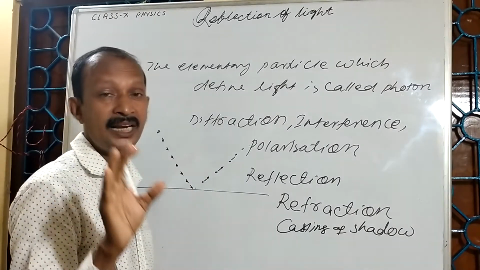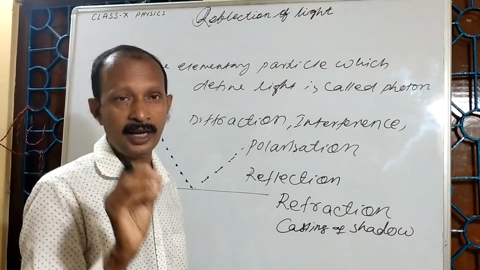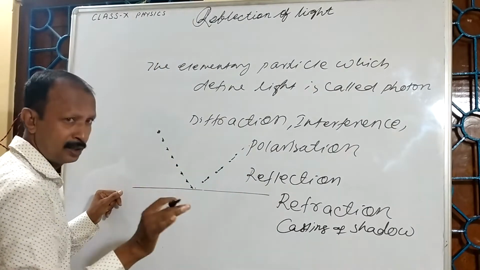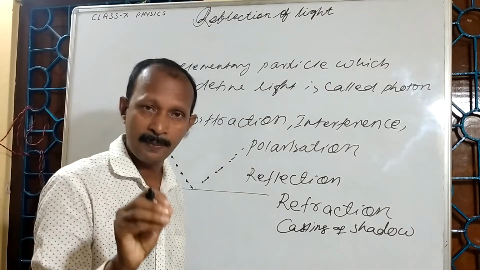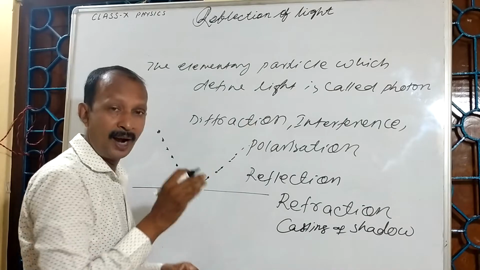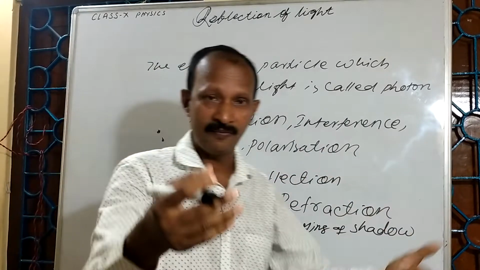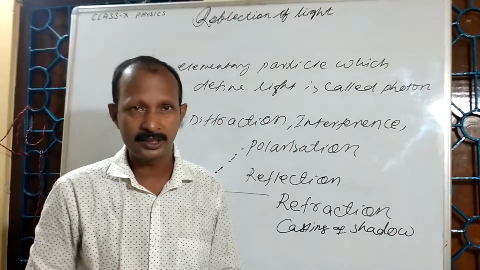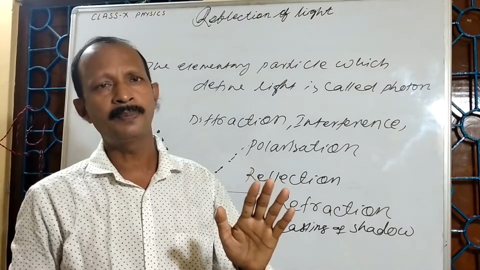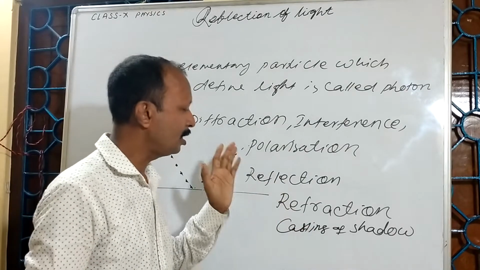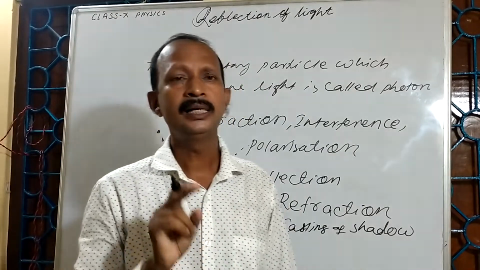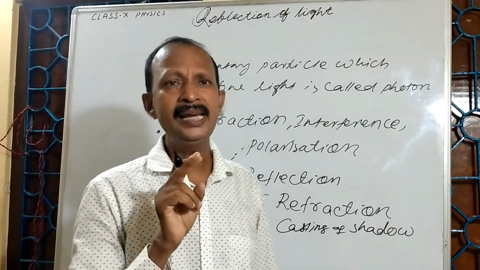This is the particle nature of light, which I have explained with the help of a ball and wall. Rubber balls are compared with the particles of light. After hitting, how does the rubber ball go back? A particle of light, after being incident on the surface of an object like a reflecting or smooth surface, goes back. That means the concepts of reflection, refraction or casting of shadow we can understand if we accept that light has particle nature.